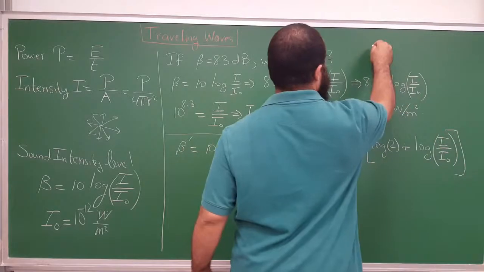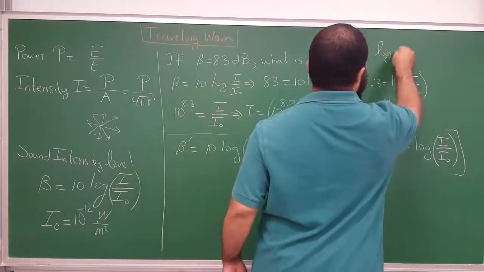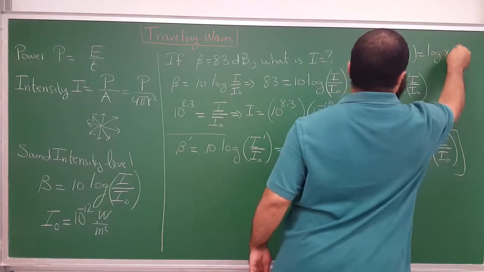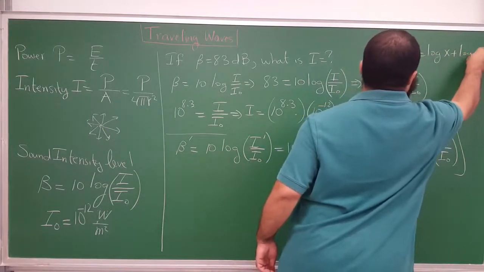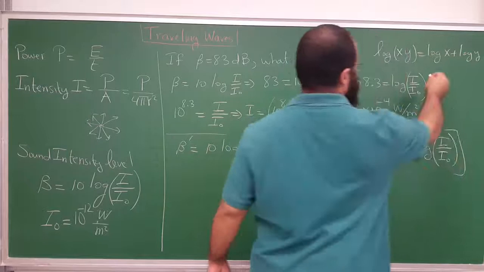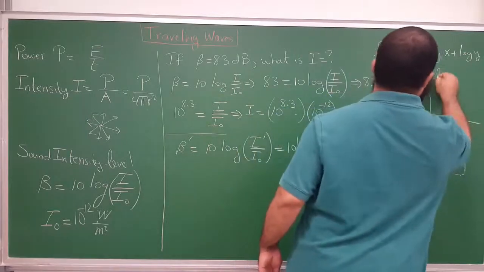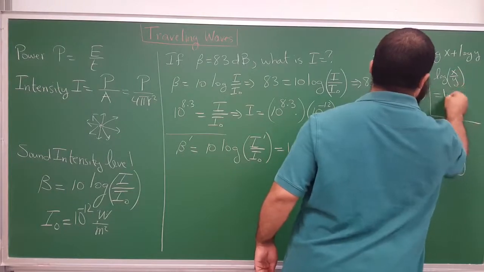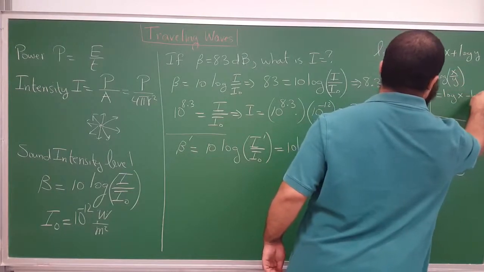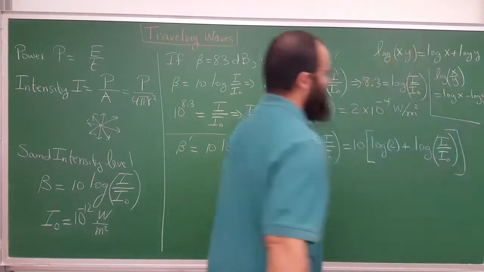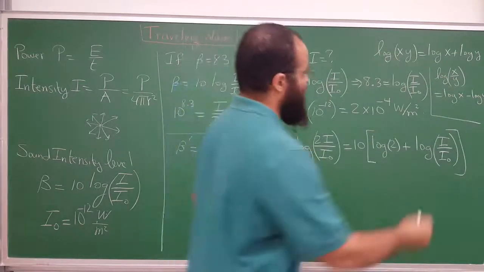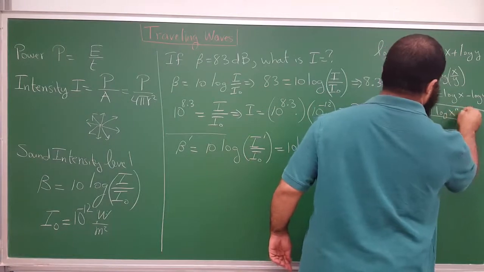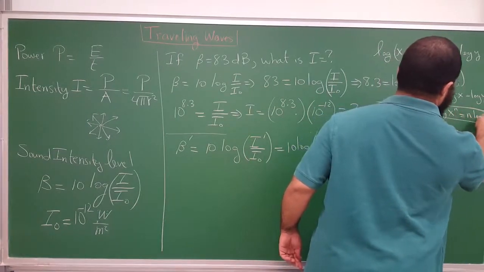If you remember, if you have log of x times y, it is log x plus log y. And similarly, log of x over y is equal to log x minus log y. Just properties of logs. And while I'm at it, log of x to the n will be n times the log of x.